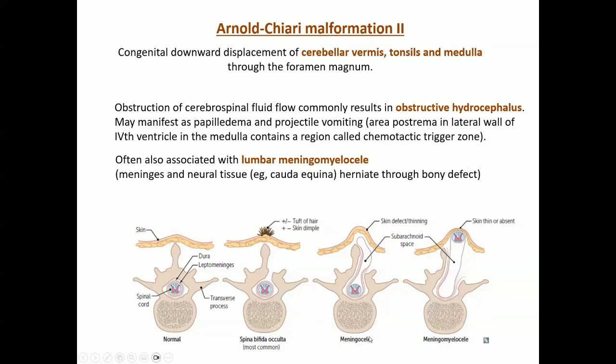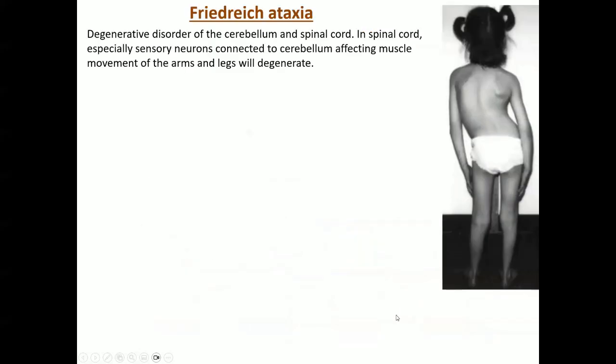The meningocele is the one that doesn't have the hair. It can have a little bit, but in most cases it doesn't, where the meninges are protruding out, but the spinal cord is still in place in the vertebral canal. And for us, the most important one is meningomyelocele, where both the meninges of the spinal cord and the spinal cord are displaced out of the vertebral canal and positioned under the skin that can be very thin or absent. Okay.